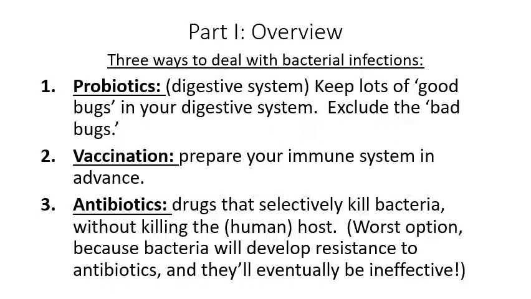So bad bacteria are excluded from the human intestine by competitive exclusion, meaning that there are so many good bacteria there already that there's no room for the bad bacteria like C. difficile to move in. So one of the ways that you can avoid getting bad infections in the digestive system, for instance, is to take probiotics.